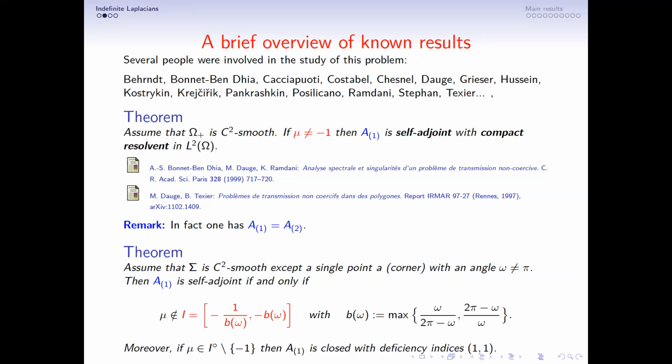So in fact, if mu is inside the interior of this interval and it is not equal to -1, then one can show that A1 is closed with a deficiency index of 1, okay? And for the closure, you do it by hand, in fact. So you can construct, you can add some element to the domain so that you get a self-adjoint operator.